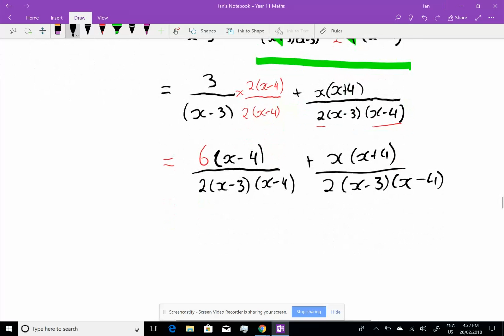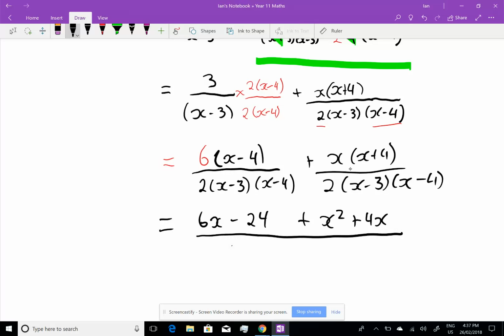Well, now they've got the same denominator, I can add them. 6x minus 24, I expanded that, plus x squared plus 4x. And they've all got the same denominator, 2, x minus 3, x minus 4.